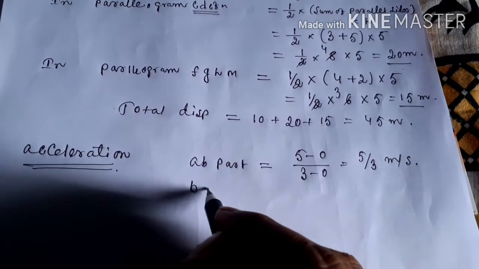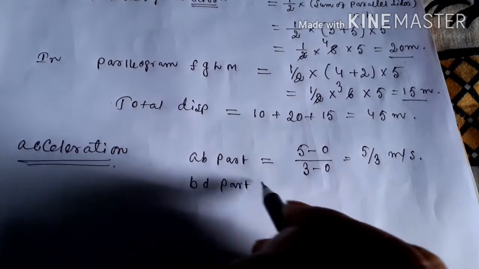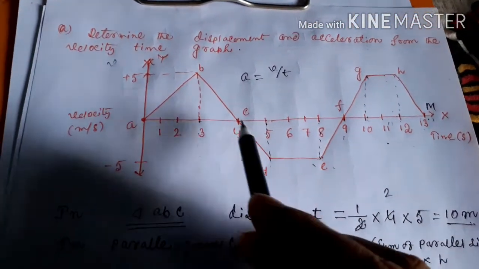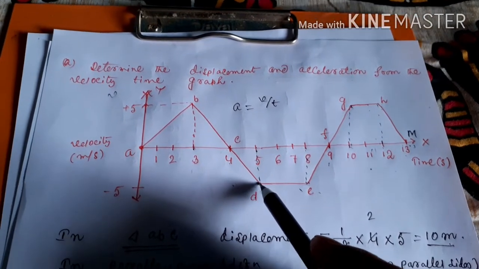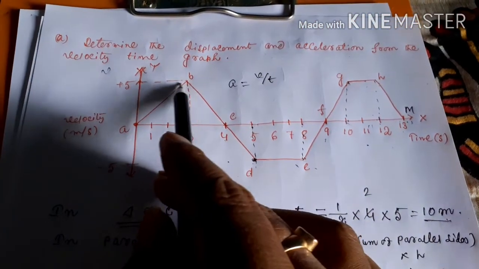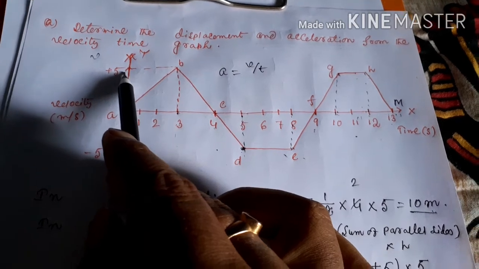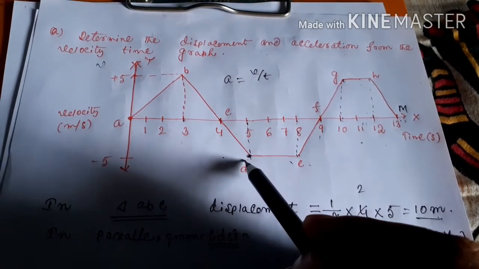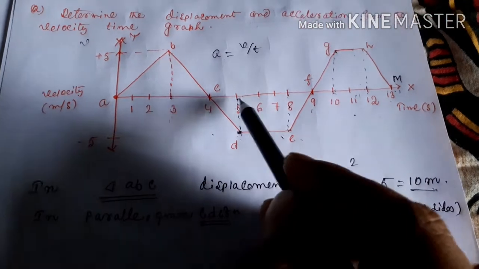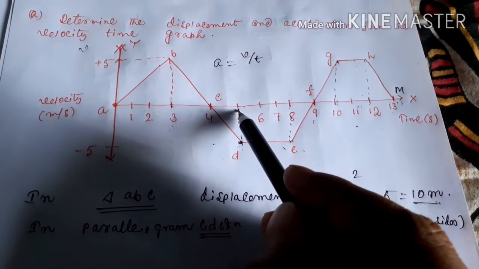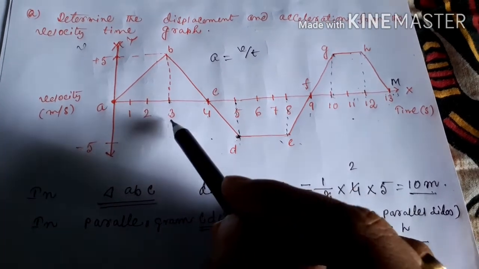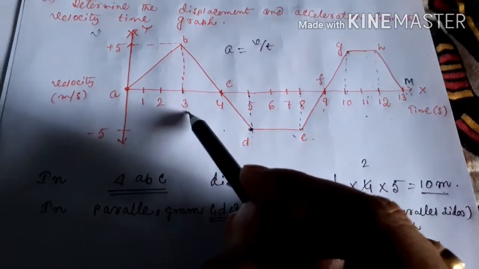Next, in the BD part, you can see that the change in velocity is how much? Here this is the final velocity, that means minus 5. This is the initial velocity, that is plus 5. And the time taken through this journey, from 3 to 5, means the time taken is 2 seconds. Maybe you understood that one. 5 is the final time, initial time is 3, so 5 minus 3 is 2.